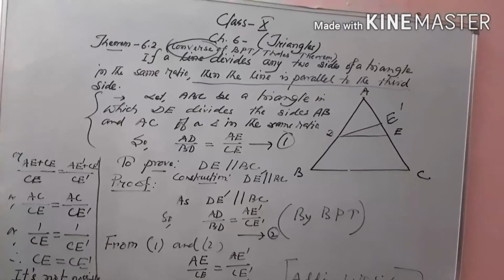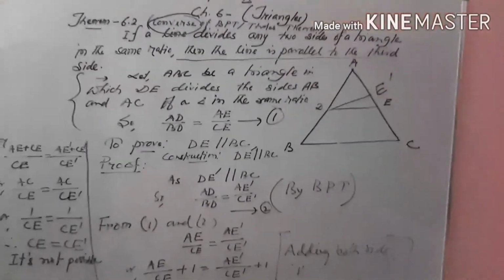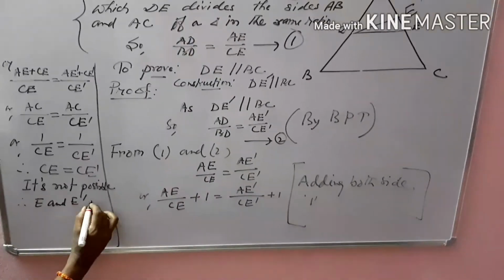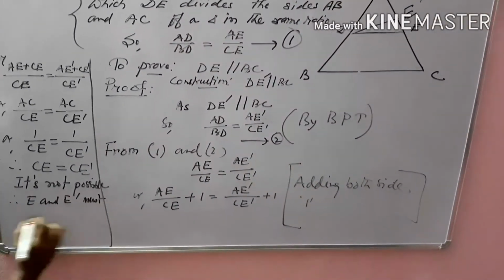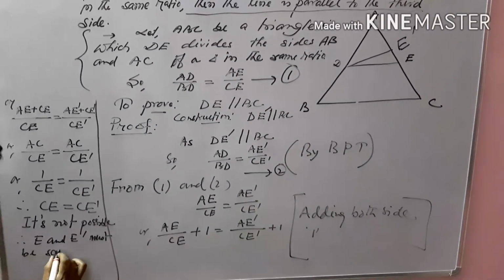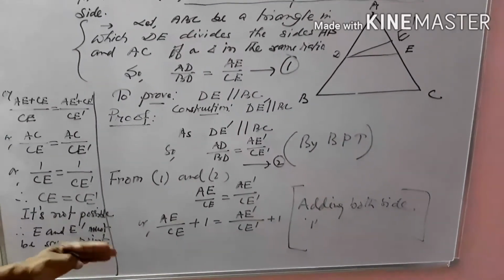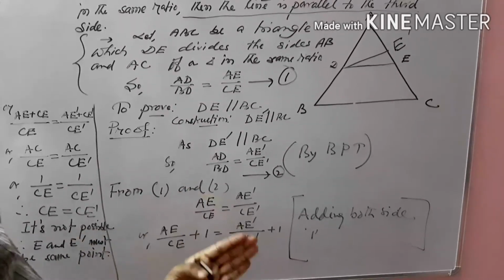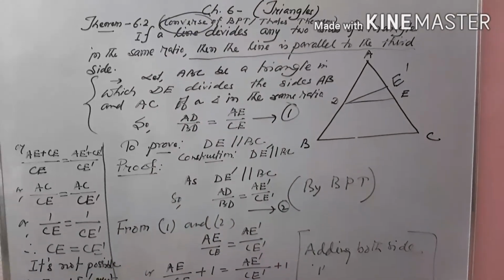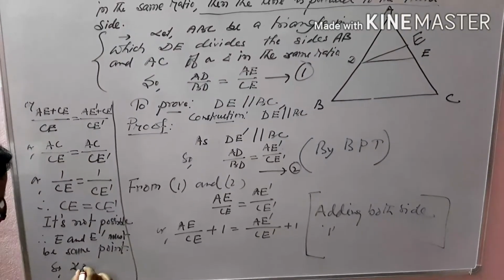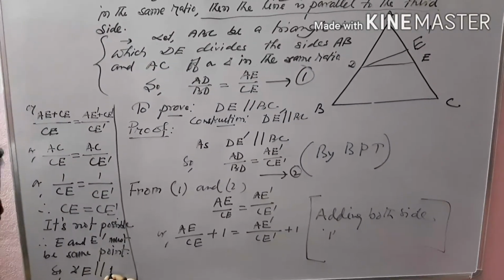So what is our conclusion then? Therefore E and E dash must be the same point. In another way we can say E and E dash must coincide. Once E and E dash coincide, we can write DE parallel to BC.